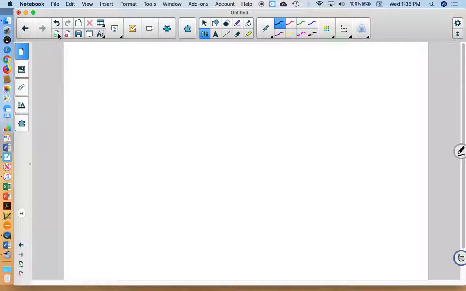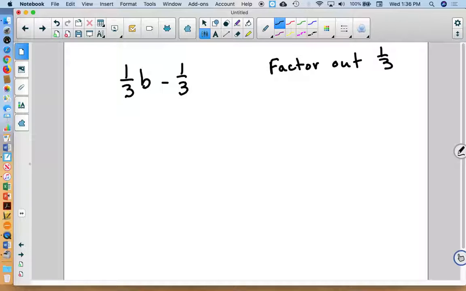Okay? Let's try one more of those and say 1/3 b minus 1/3. And I want you to factor out the 1/3. Okay? In this case, the 1/3 is also the coefficient, because it is the number that's been attached to the variable.